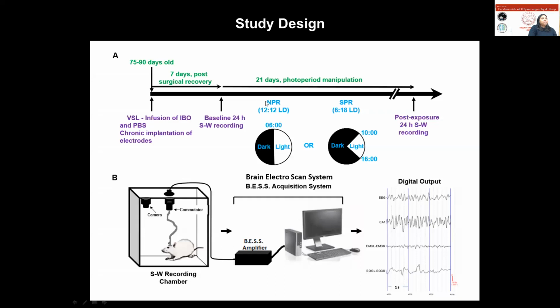Right, so the study design goes this way. We acquired about 2.5 to 3 month old rats, and the animals were subjected to surgical intervention where ibotenic acid was used to lesion the ventral subiculum, following which we implanted electrodes for assessment of sleep-wake behavior. 7 days of post-surgical recovery time was given, following which we acquired baseline sleep-wake recording.